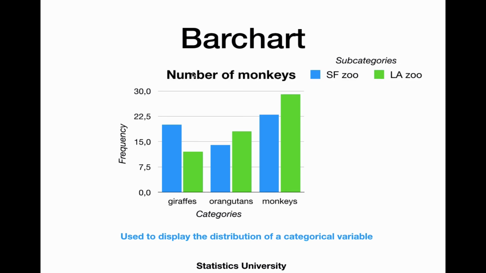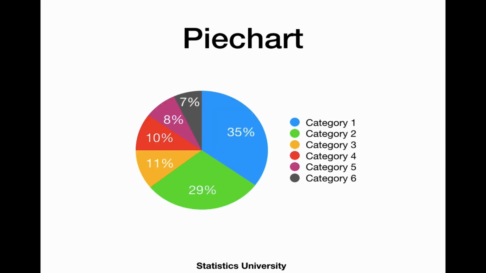Here you see a review of the number of animals within 2 different zoos, and because they have different colors, we can easily compare the number of giraffes, orangutans, and monkeys in the San Francisco and LA Zoo. You can also add all categories up and then say the total of that value is 100%, and I just want to see the relative portion of all categories within my data set, and then make a pie chart just like this.